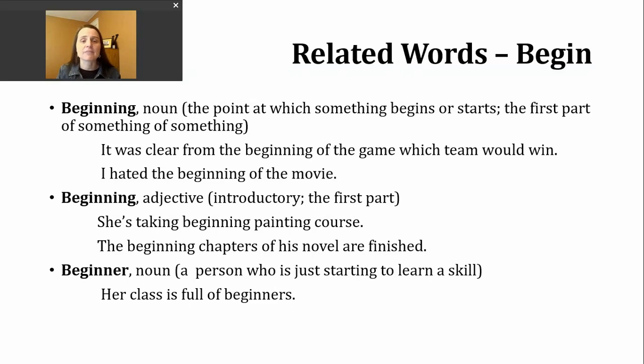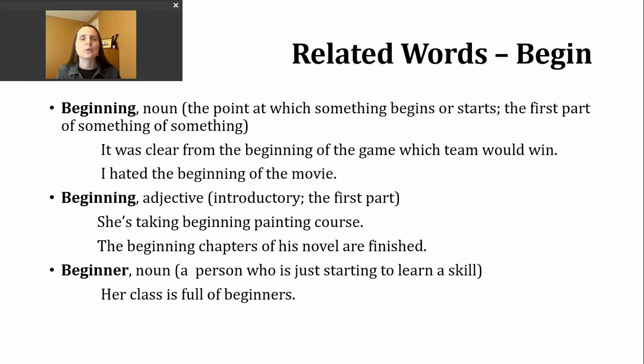Here's an example of that. The beginning chapters of his novel are finished. So in this sentence, someone is writing a rather long book, a novel, and the first part of that book is complete.